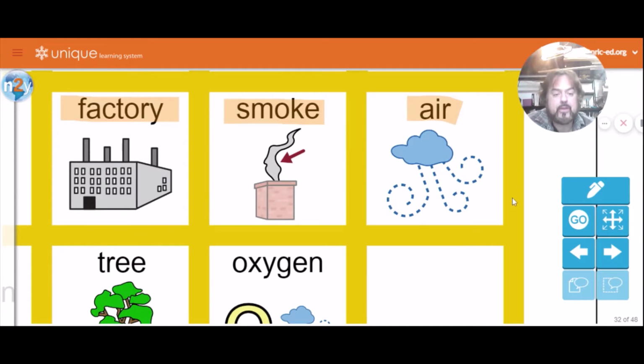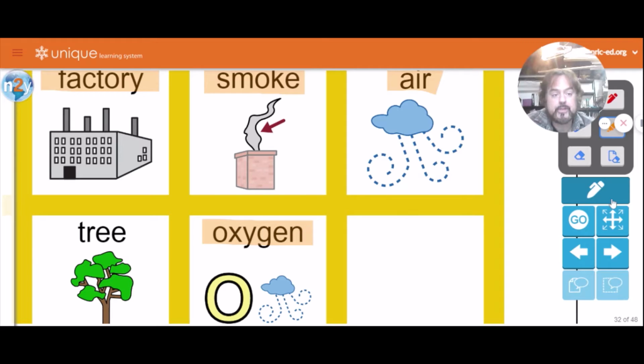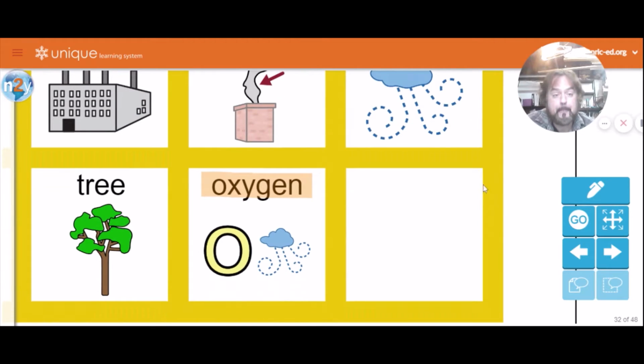What else do we have here? In the air, the reason why we're able to breathe air is there's oxygen in it, which is an element. We breathe in oxygen and we exhale carbon dioxide.